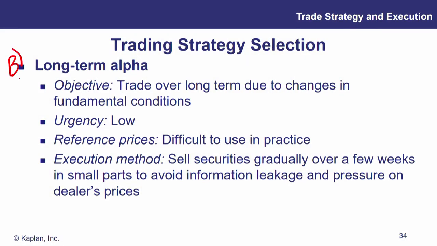Okay, now let's look at long-term alpha. What's the objective? Trade over the long term due to changes in fundamental conditions. This is how I ran my fund. What is my urgency? Low. What is my reference price? I don't know. It's trading over weeks. This is really hard to get a reference price.